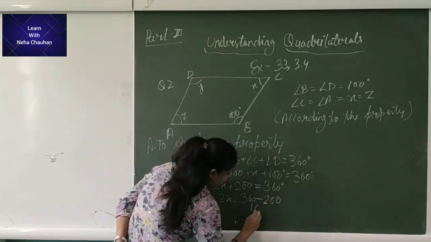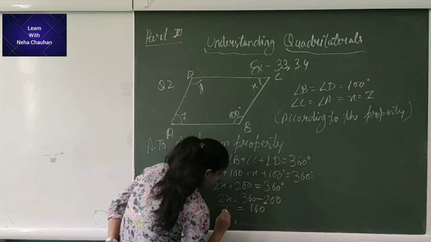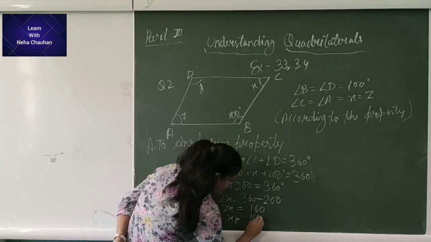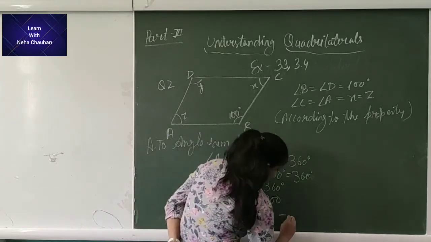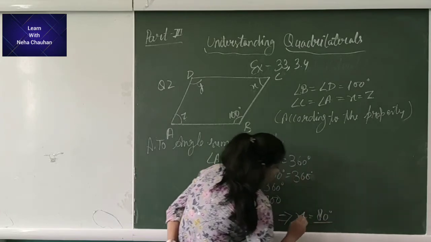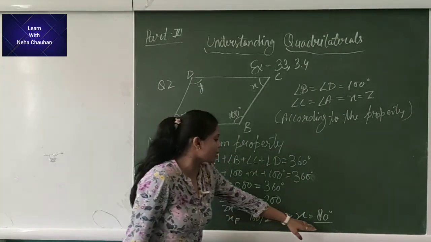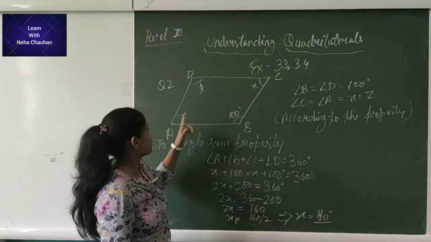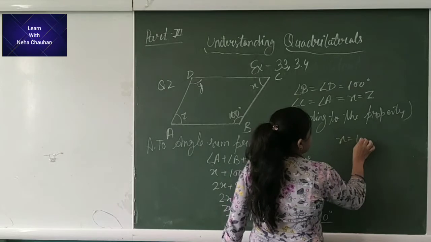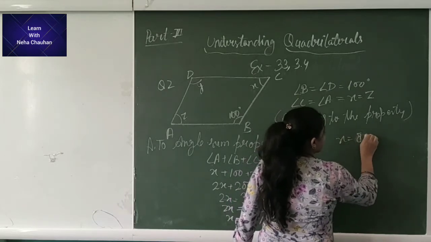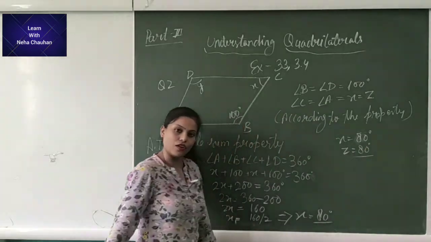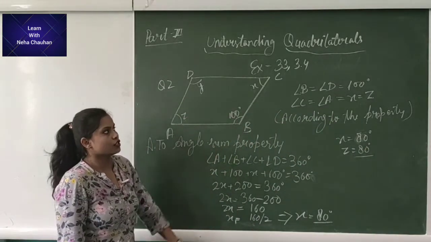What will we get? We will get 160. X is equal to 160 divided by 2. That means x is equal to 80 degrees. Alright. So, we get our answer. X is 80 degrees and Z is also 80 degrees. Alright, this is your question number 2.